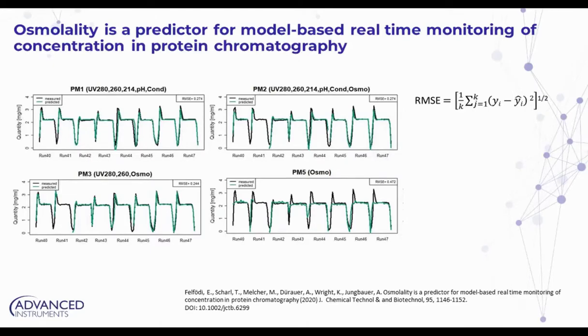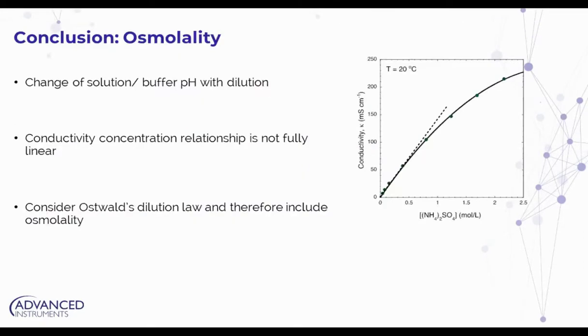Also, we should have known it in advance, because the osmolarity itself is highly dependent on the change of solution. The buffer itself changes, the buffer pH changes with dilution. The conductivity concentration relationship is not fully linear.